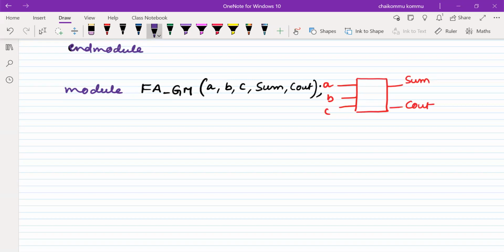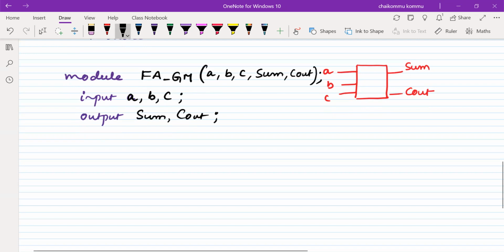So the inputs are A comma B comma C. The outputs are sum comma C out. That means my intention is that the first S is a capital letter, C is a small letter, but you can write all small letters also. The usual practice is we write the capital letter first.